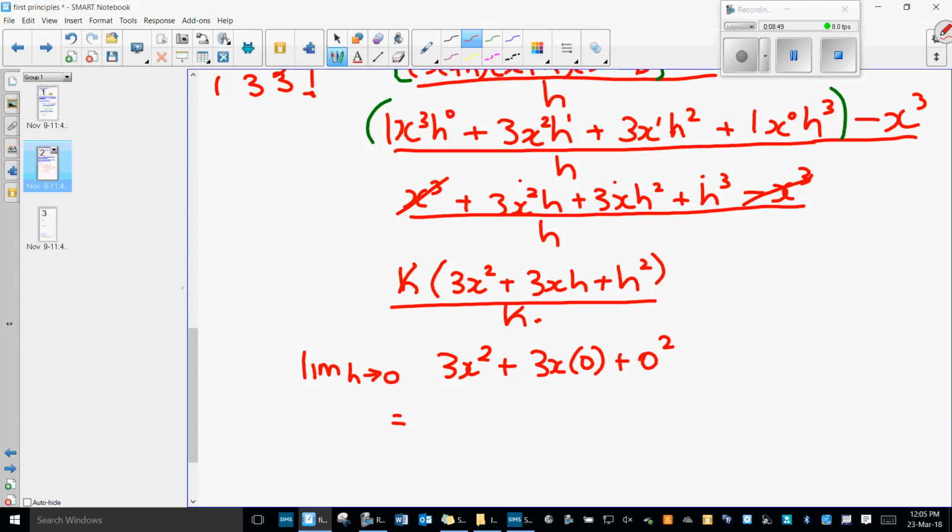Just 3x squared. Why did that second term disappear, Olivia? Why would this term here have disappeared? Yeah, because we're multiplying by 0. Okay.